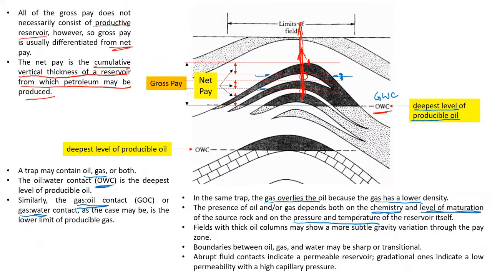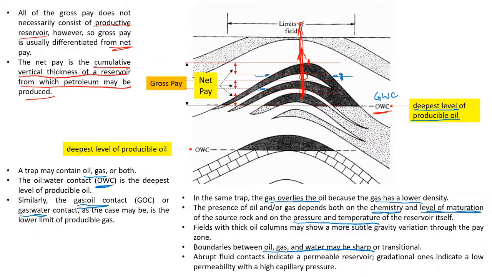So chemistry, maturation level, pressure and temperature are important to decide whether the rock will have oil and gas or only one of them. Now the boundaries between oil and gas may be very sharp or gradational or transitional. That we'll see depending on what type of trap we are going to look at.